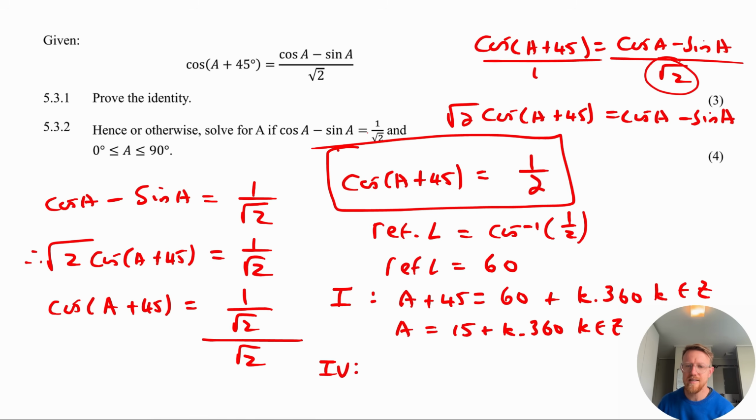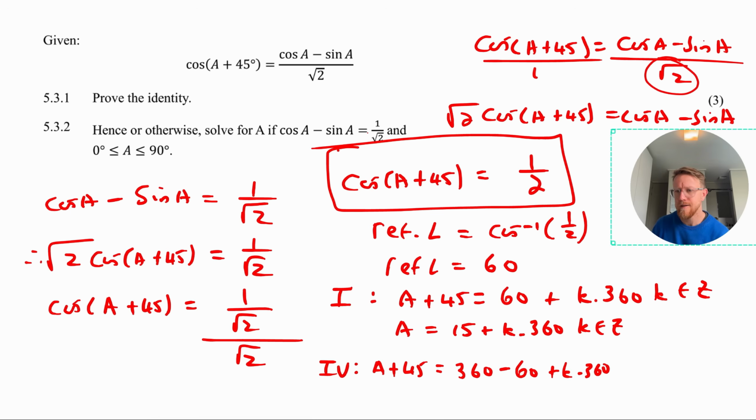So we would then say A plus 45 is equal to 360 minus the reference angle plus K 360, K is an element of Z. Okay, and if you eventually had to go and solve this, you should eventually get 255 plus K 360, K is an element of Z.